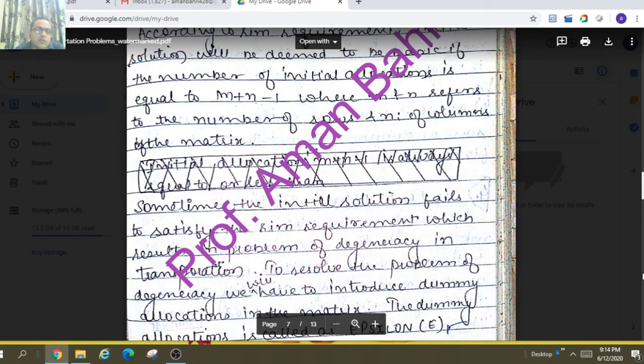To resolve this degeneracy, we have to introduce a dummy allocation called epsilon, denoted by capital E. While introducing epsilon in an unoccupied cell, we have to keep certain important considerations in mind while introducing this dummy allocation having value 0.